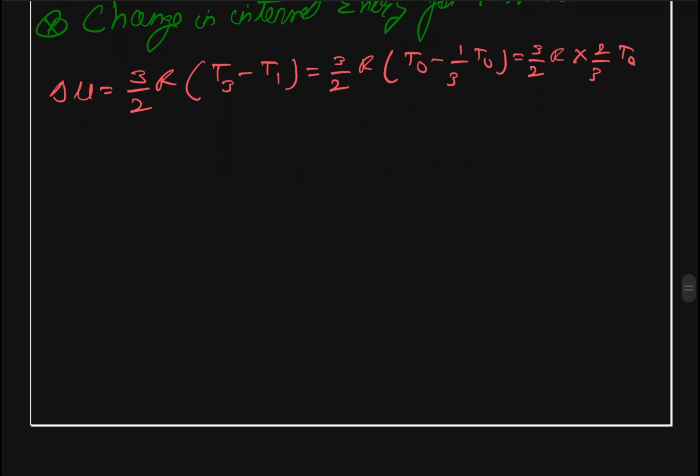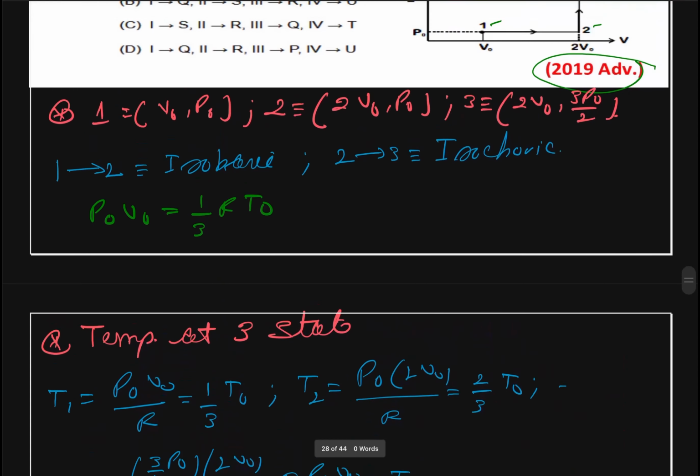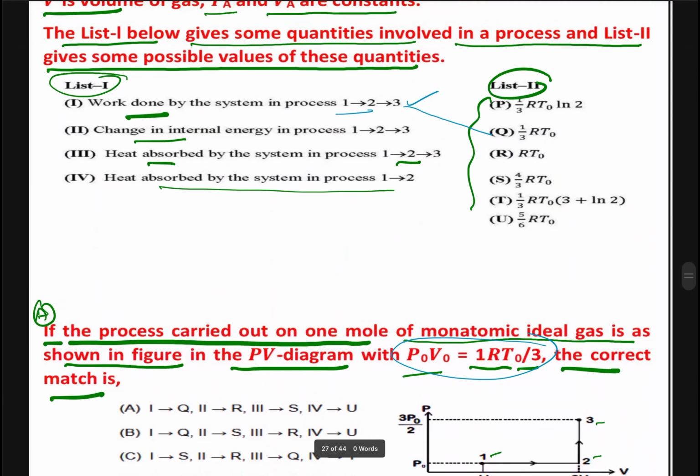Therefore, this change in energy is equal to, the 2s and 3s cancel out, R T0. So we have the change in energy, that is option 2, is R T0, so it matches with R. Second goes to R.